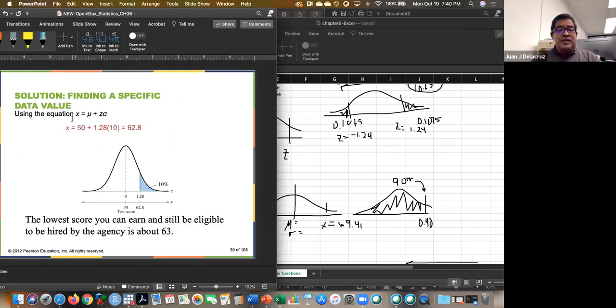Also, we found out how to find the X when we have mu, the z-score, and sigma. We can just multiply these values and find the value for X. In this case, the value for X is going to be 62.8, having a z-score of 1.28, and a mean and a standard deviation that were known at this point.